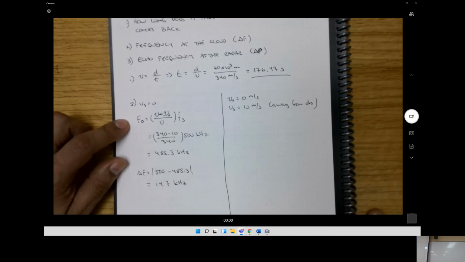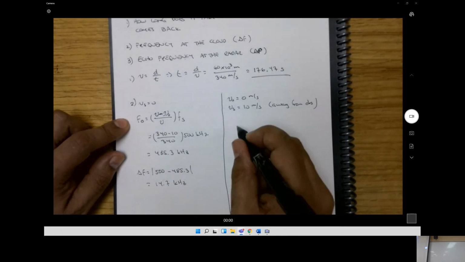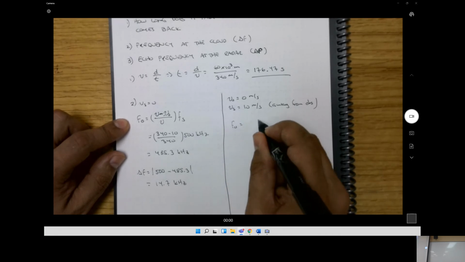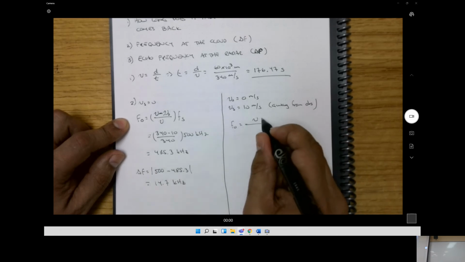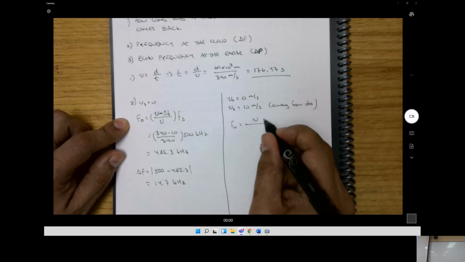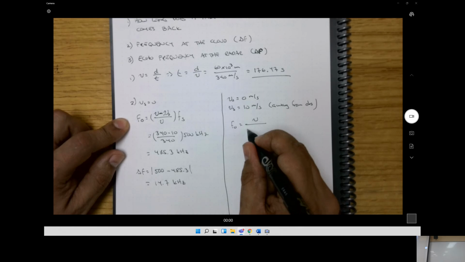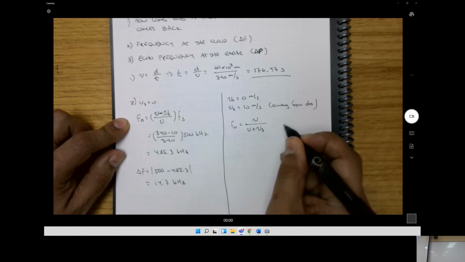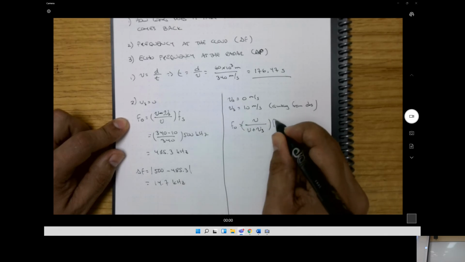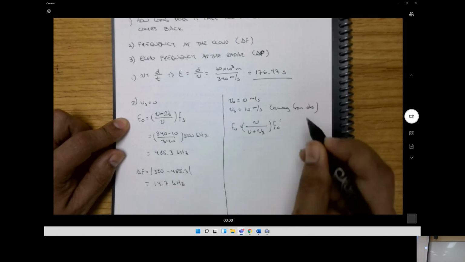So I'm going to have my shift in frequency: V, since the observer has 0 velocity, over V plus Vs, times the frequency.